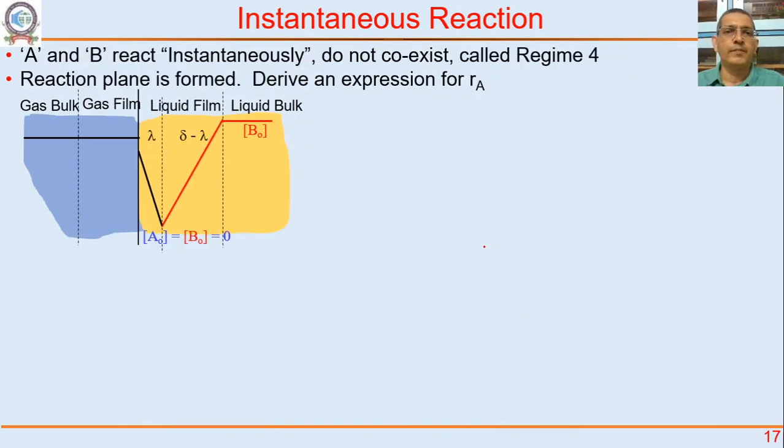Let's go forward. I want you to derive an expression for RA. Let's say the reaction plane is lambda from the interface. So the diffusion length of B is delta minus lambda.